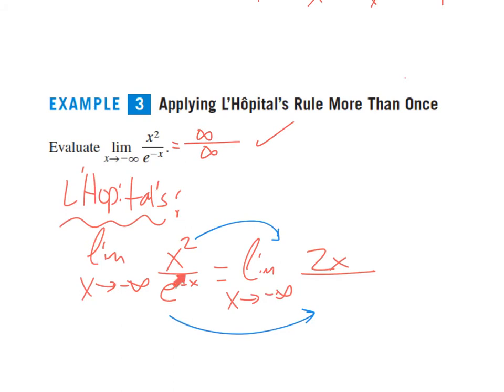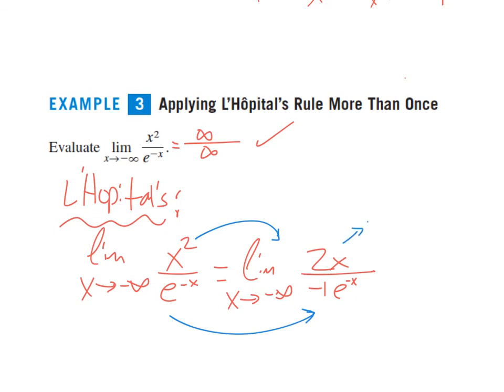Derivative of the inside, which is negative x, is negative 1 times derivative of e to the negative x, well, the e to the u, that just is a copy. Well, as x goes to negative infinity, this is going to 2 times negative infinity, which is going to negative infinity. On the bottom, this is e to the positive infinity, so negative negative. That's gigantic times negative 1. So this is now going to negative infinity over negative infinity.